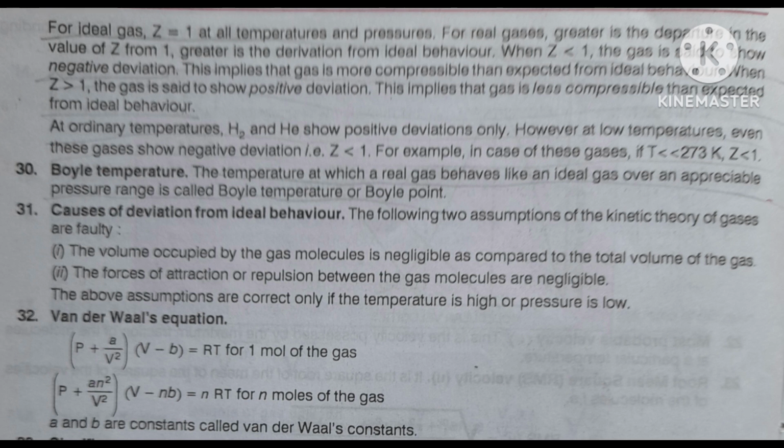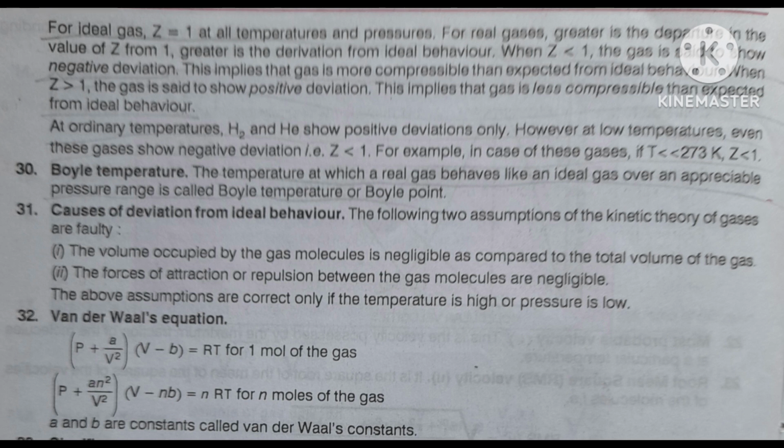Correct? Then its unit will become: for pressure you have to write atm, for V square you have to write L square, and down is n square, so you write mole, because n is down, then mole power minus 2. Correct? Because n square is there.